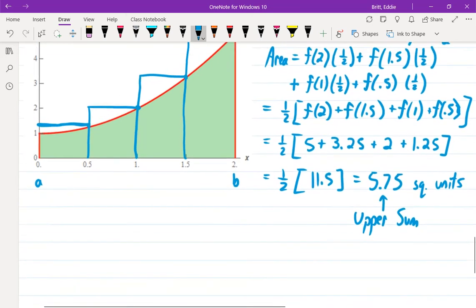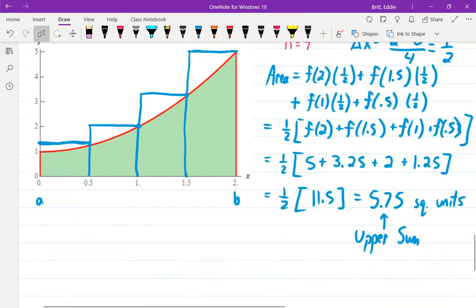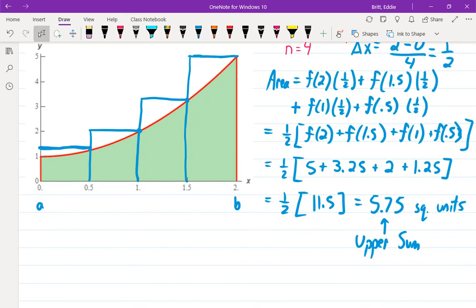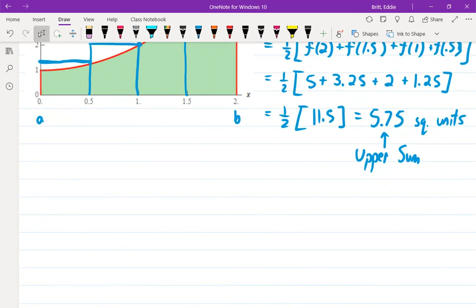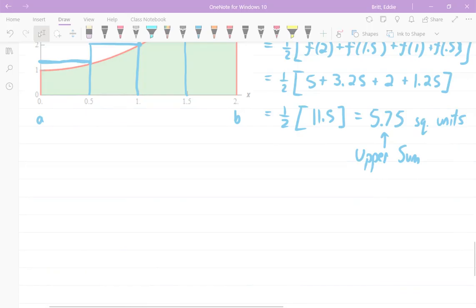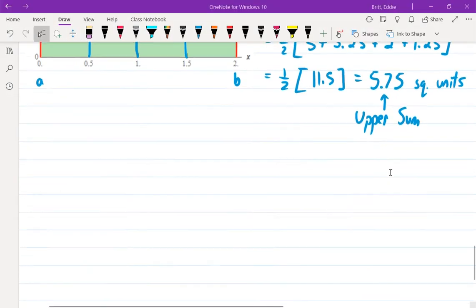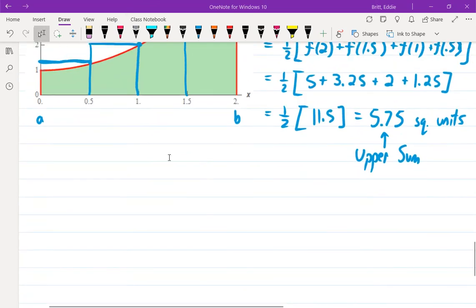All right, so now what we're going to do is I'm going to put the exact same curve down. We're going to be able to use some of these calculations, by the way, to help us when we start on the left side. But I'm going to put the exact same curve down, and we're going to start at the left endpoint. And let's see, the left endpoint is going to give us a lower sum, because all the rectangles are going to be below the curve.